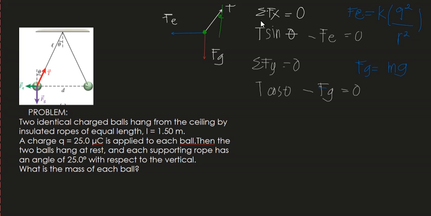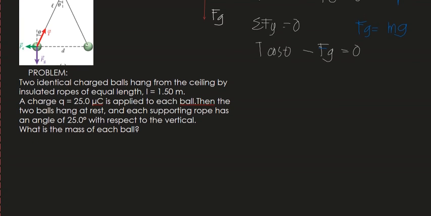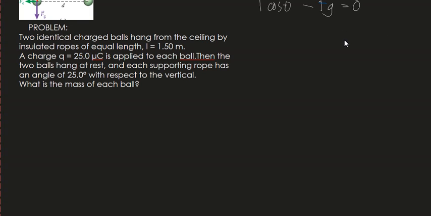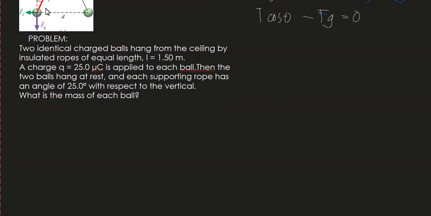So this time, if we look at our summation of forces along the x-axis, we are not given the value of T, so we cannot get sine theta, but for your Fe, we can get it given the value of the rope. But this time we are going to apply your trigonometric knowledge to find the value of R, or the distance between the two balls.